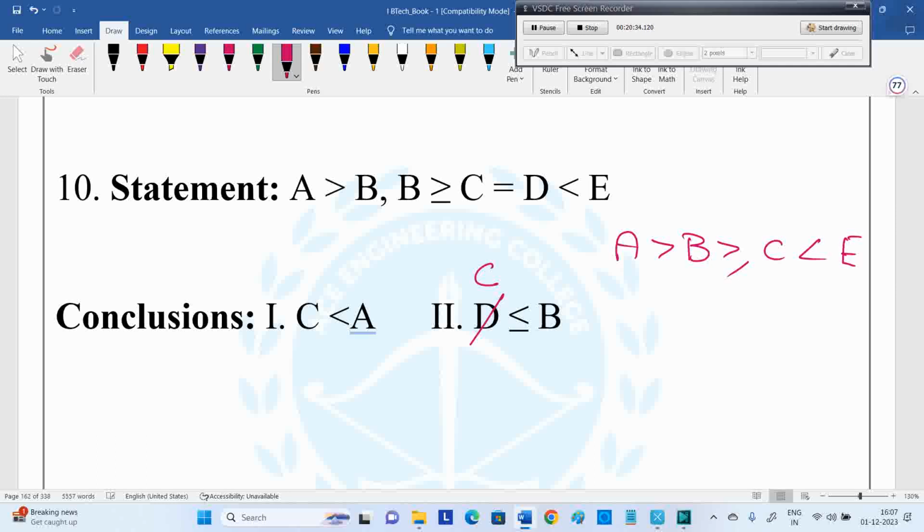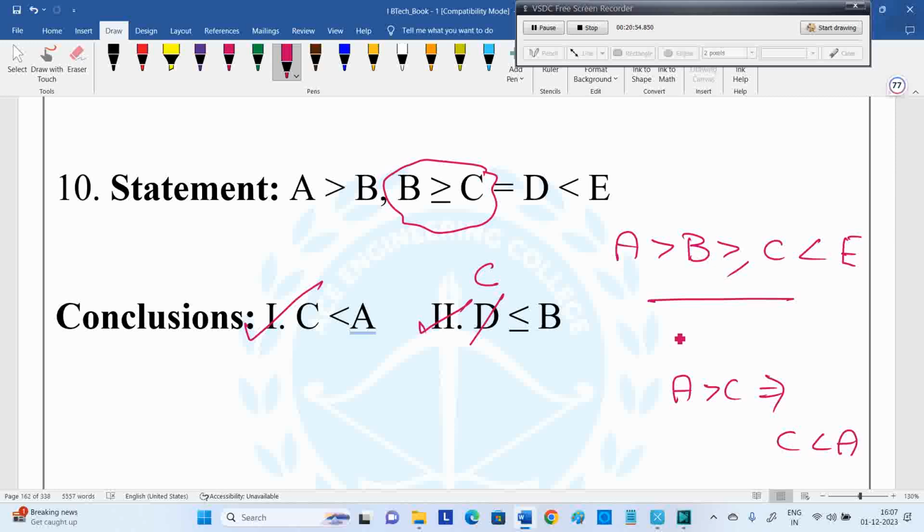Now A greater than C means C less than A. Okay, that's correct. B is either greater than or equal to C. If you reverse it, C is either less than or equal to B. That's also correct. So both 1 and 2 follow.